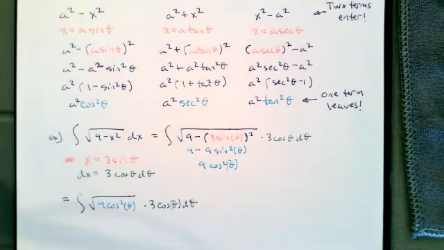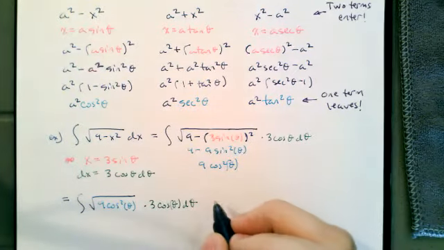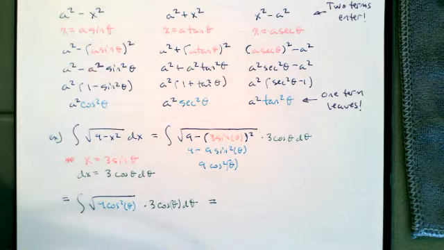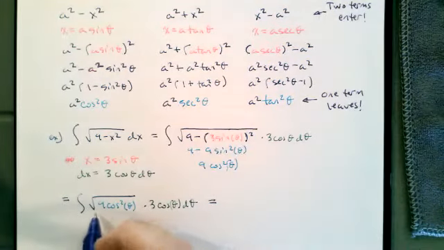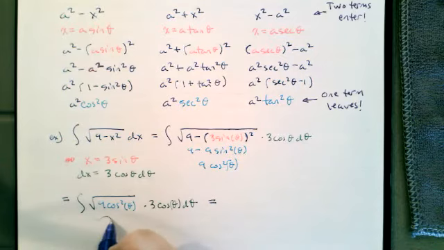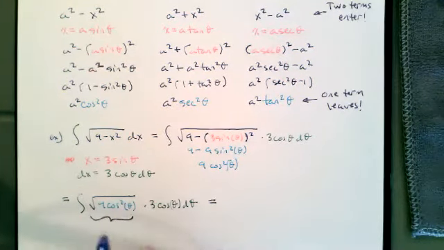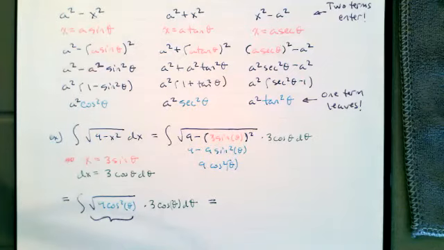Now we can see why this is useful, because the square root of 9 cosine squared theta is just 3 cosine theta. So with the square root of 9 cosine squared theta, we got two things out of this. First of all, we had a square root of 2 terms, which is always trouble.